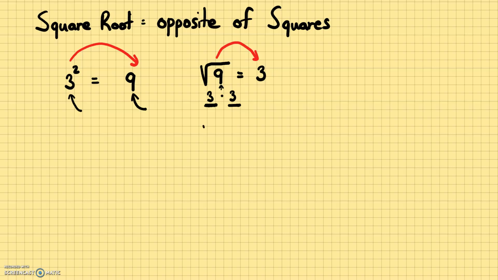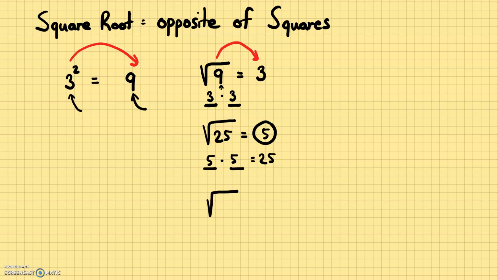And the same thing, if you have a square root of 25, what would that equal? Well, what number times what number gives you 25? Which same numbers. And I'm sure you know that 5 times 5 equals 25. So the square root of 25 is going to equal 5. Okay, let's try one more.